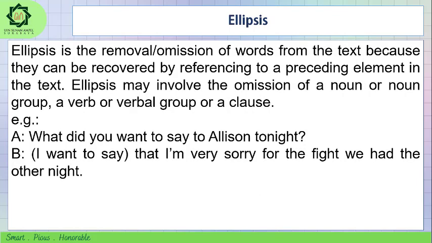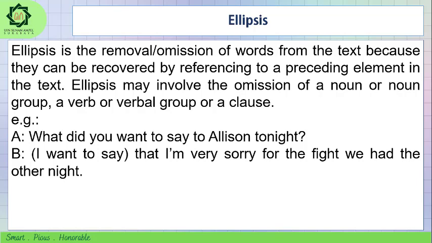The next one is ellipsis. In ellipsis, we remove or omit words from the text because they can be recovered by referring to a preceding element in the text. Ellipsis may involve the omission of a noun or noun group, a verb or verbal group, or a clause.